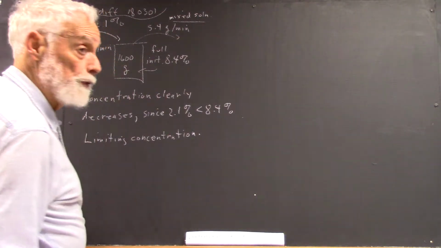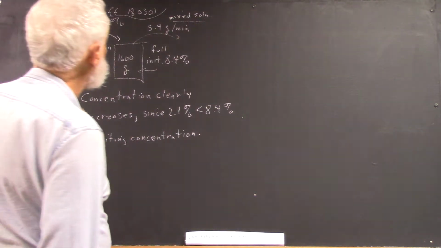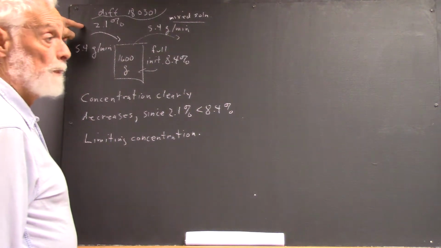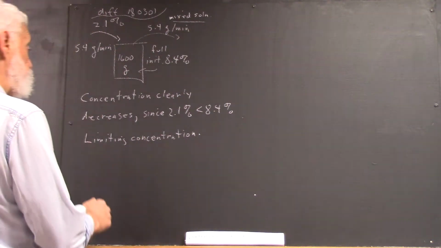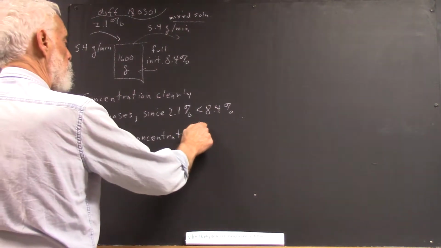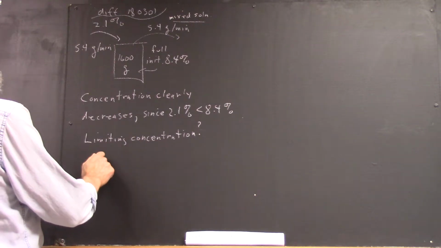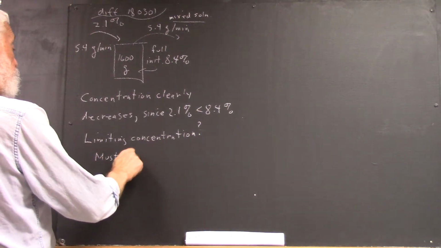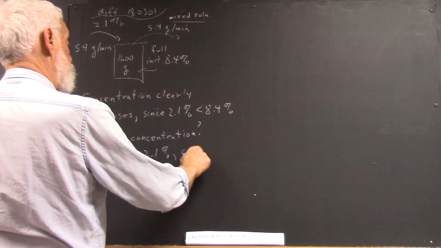If this continues for a long time, the concentration is pretty clearly going to approach 2.1%, isn't it? Okay? So, limiting concentration? And I'm going to say that's pretty clear.